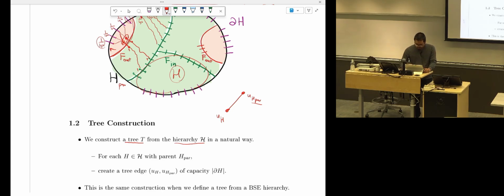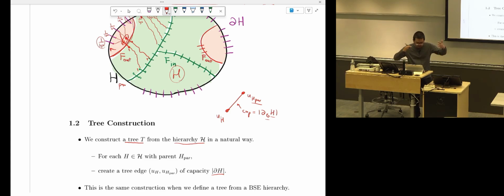And the capacity of this edge is just the cut size, the battery of H in G.